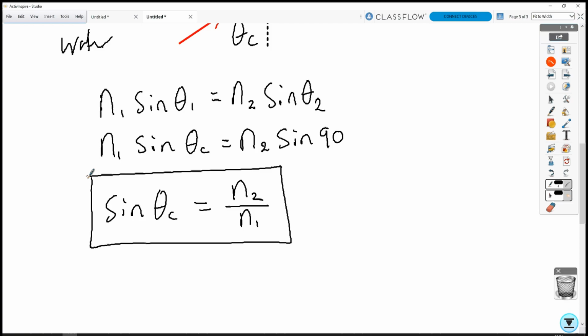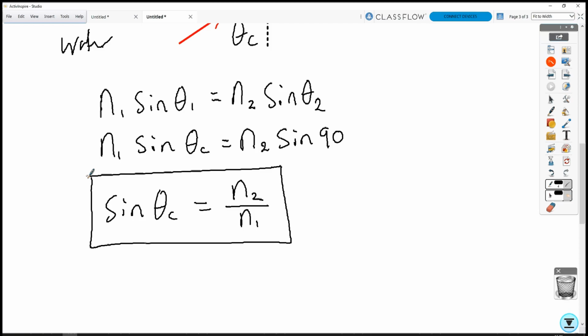Now, we have to look at the equation and realize that there are some limits to this. If sine theta critical is equal to n2 over n1, then n1 must be larger than n2. Because if n2 is larger than n1, then you get a number which is larger than 1. And if you do the inverse sine of a number larger than 1, what do you get?